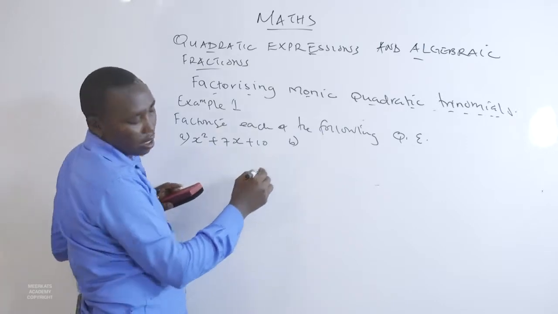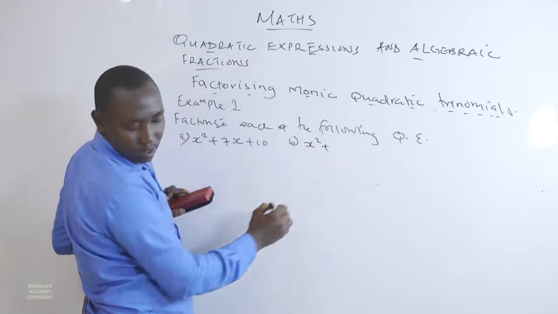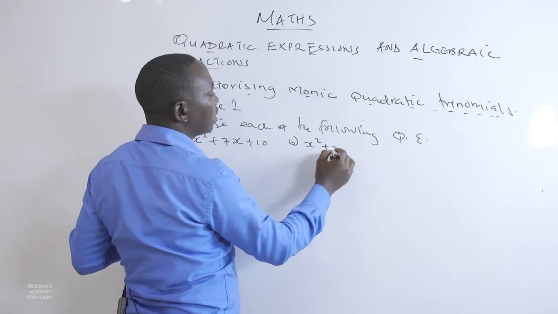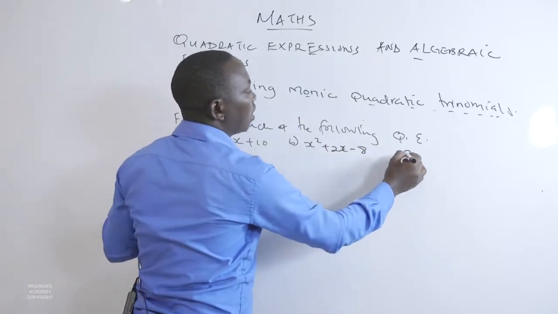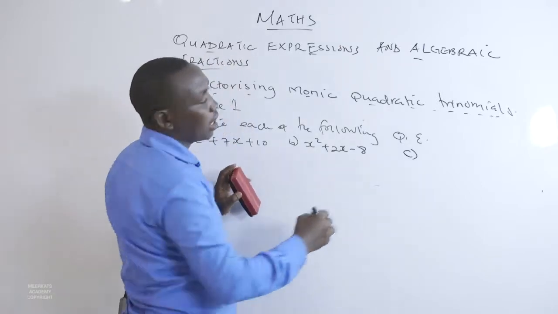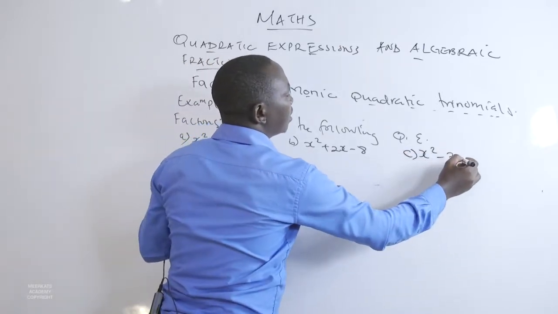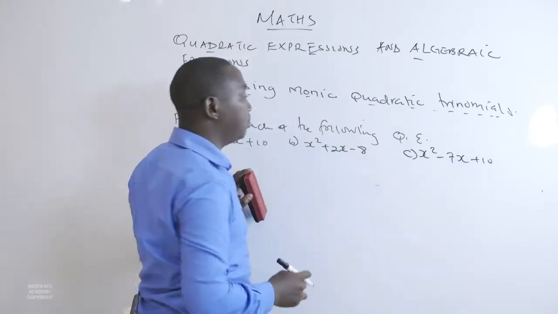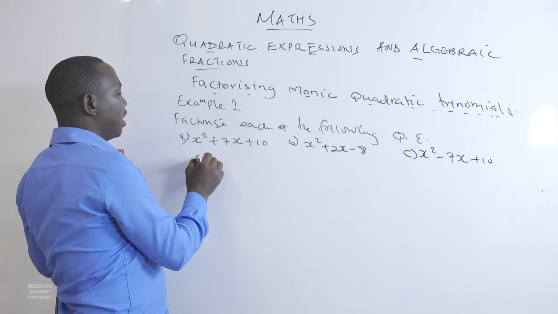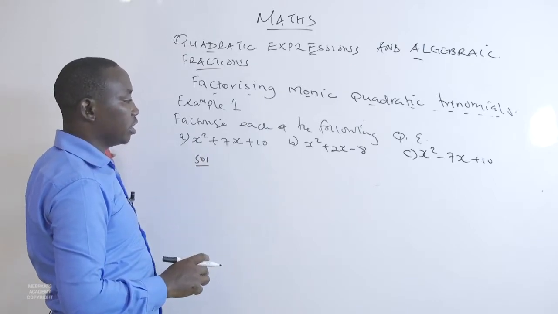Number B, we have x squared plus 2x subtract 8. Number C, x squared subtract 7x plus 10. So I want to solve these three questions.